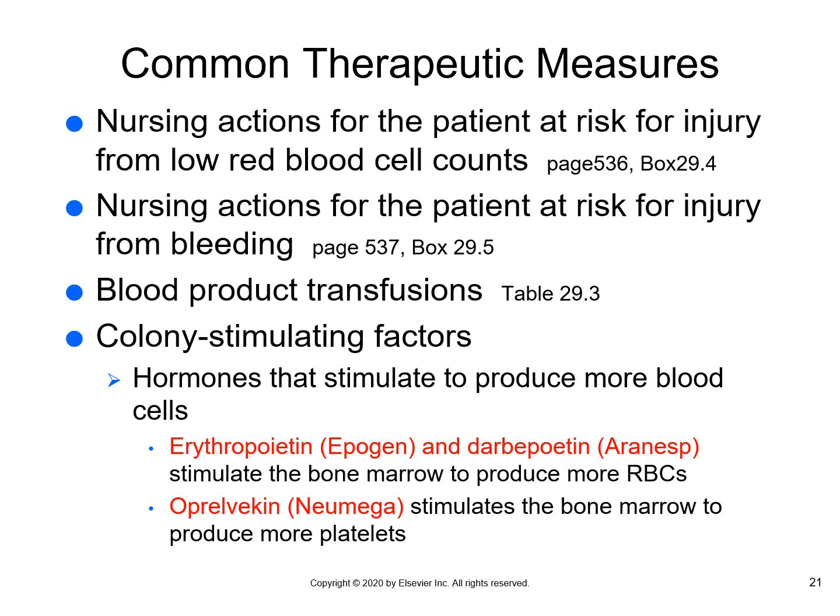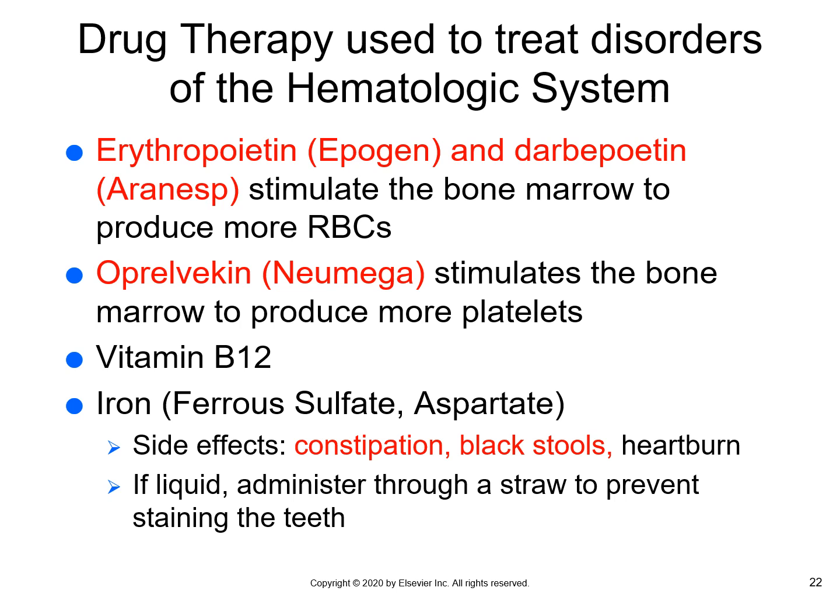Erythropoietin or Epogen and darbepoetin help stimulate the bone marrow to produce more red blood cells. And oprelvekin or Neumega stimulates the bone marrow to produce more platelets. Just a repetition of erythropoietin, darbepoetin, and Neumega.